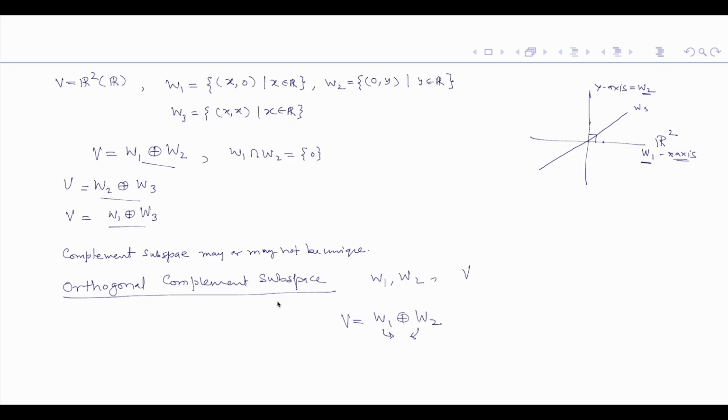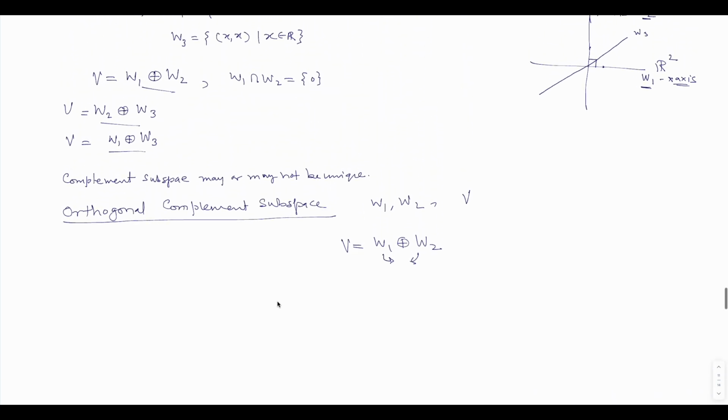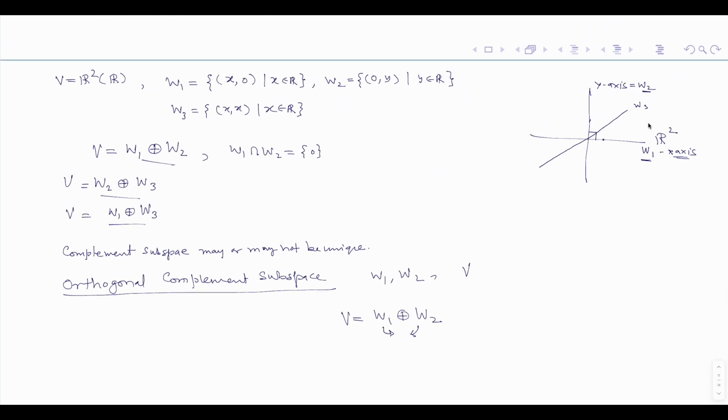And let us see one more example. But W3 is not orthogonal: W3 with W1 is not orthogonal, and W3 with W2 is not orthogonal.